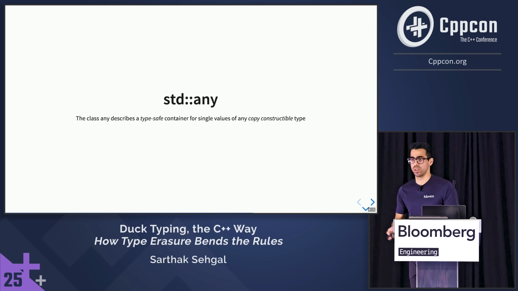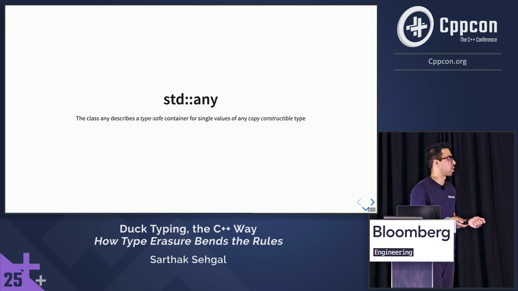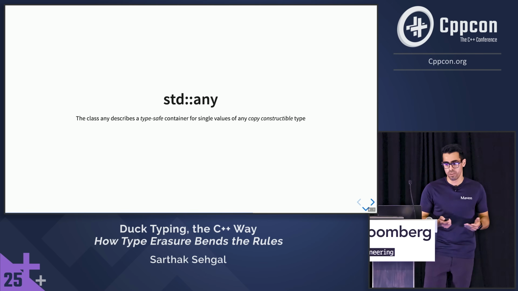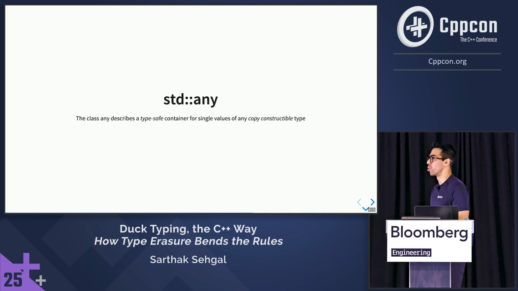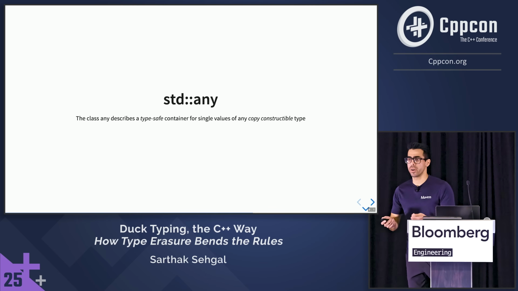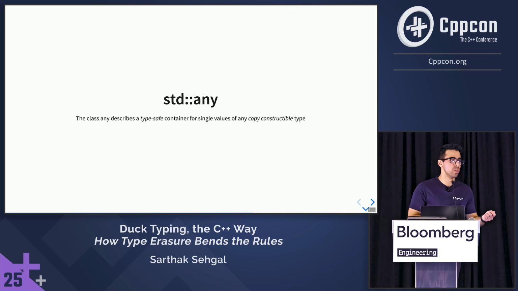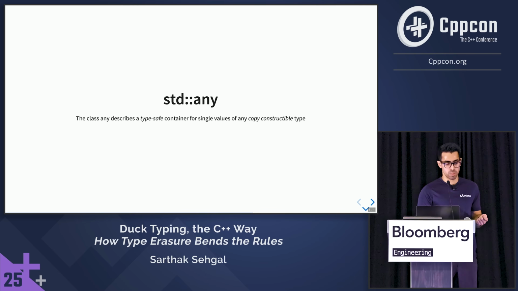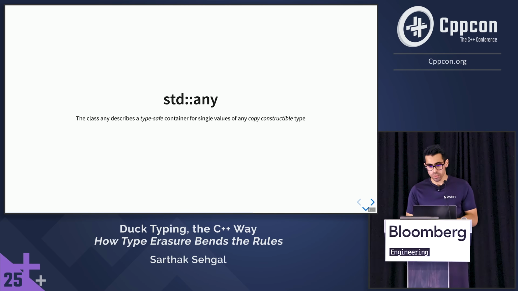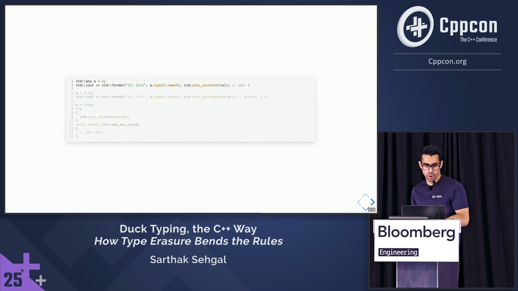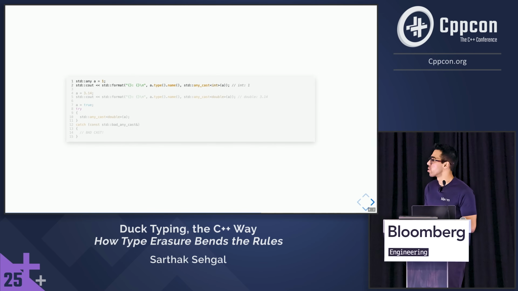So upon destruction, it's going to ensure that your object is destructed correctly. That's quite important for type erasure. The beauty of type erasure is that somehow it hides the type information from you, and yet it is completely type safe. Here's a dummy example of std any.